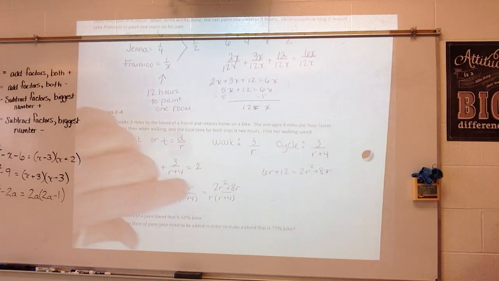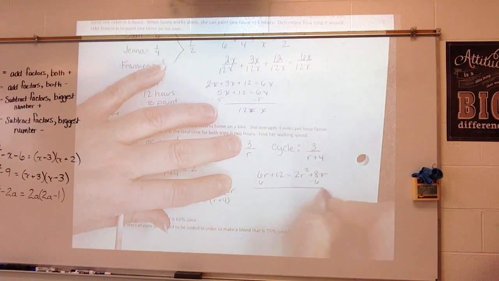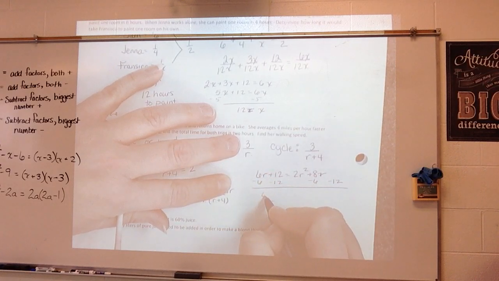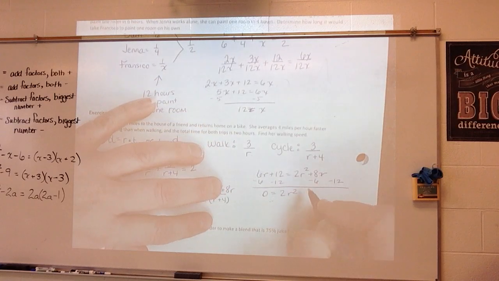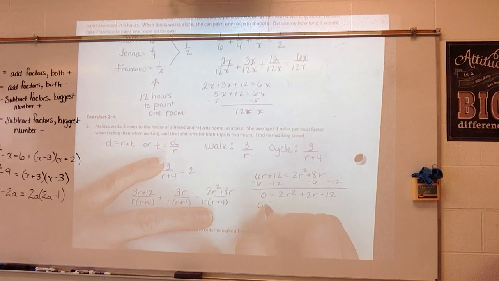I'm going to take everything over. So subtract this 6r. And I'm going to subtract the 12. Alright, so I get 0 is equal to 2r squared plus 2r minus 12. Alright. I can pull a 2 out of this. So I get r squared plus r minus 6.